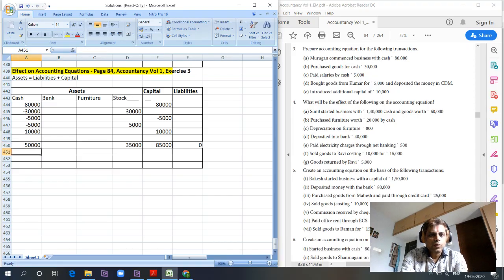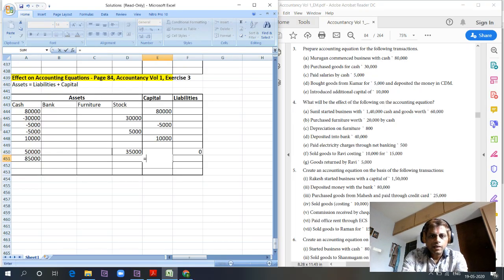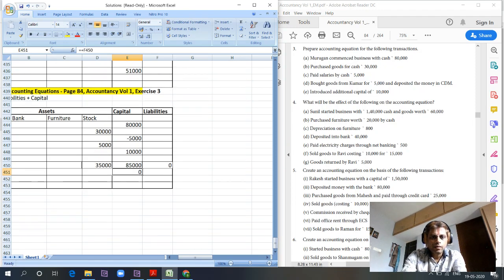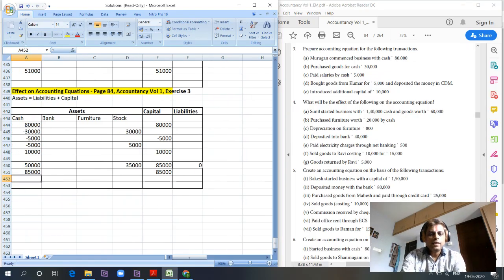So the total of the asset side is 85,000 and the total on the liability side is 85,000.